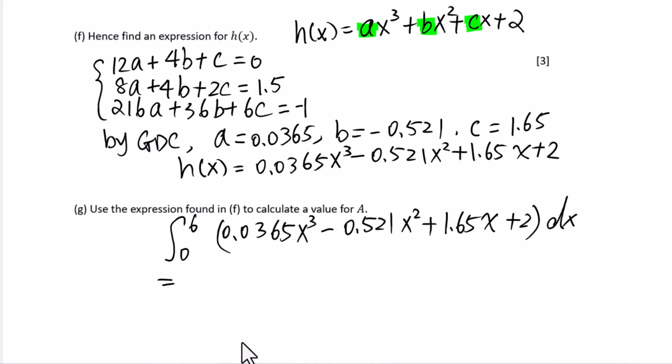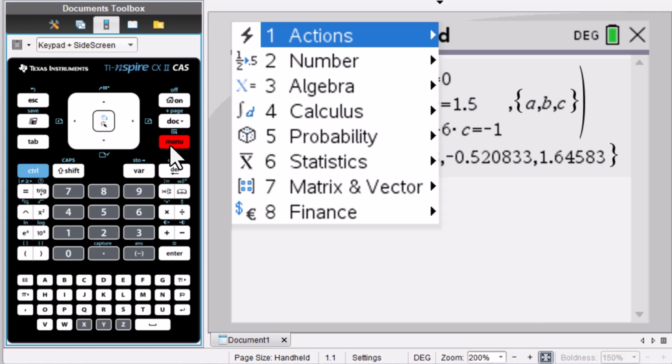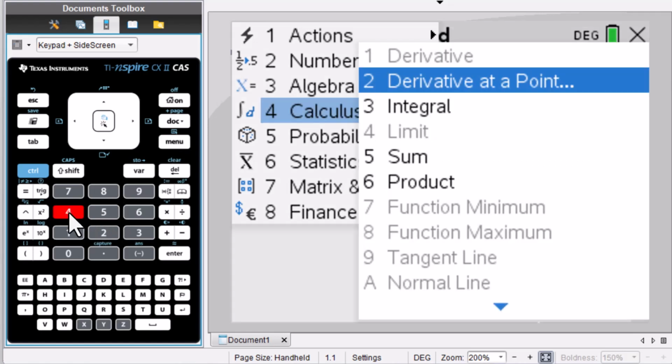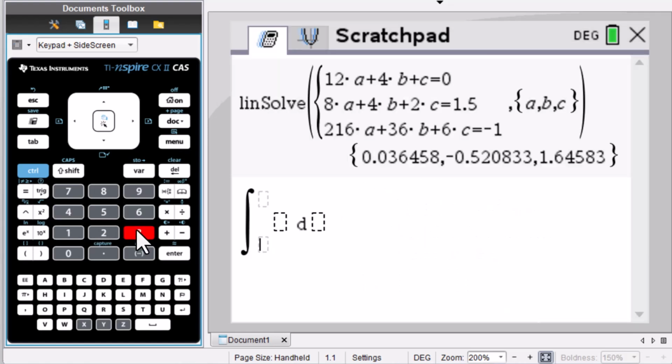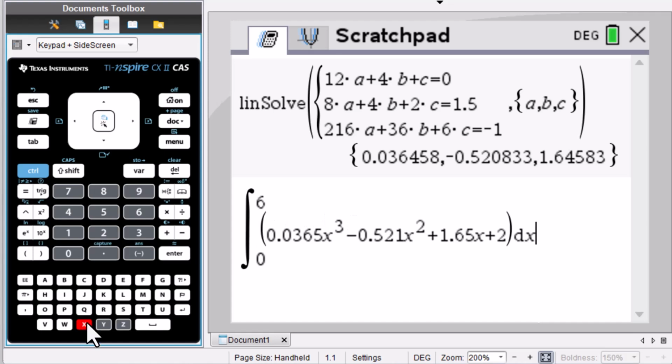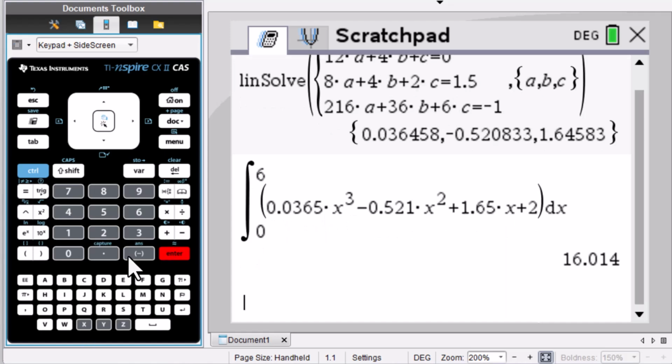Let's go to the calculator. Go to menu, 4, 3, integral from 0 to 6. Put the function into this integral. Enter. The answer is 16.0.